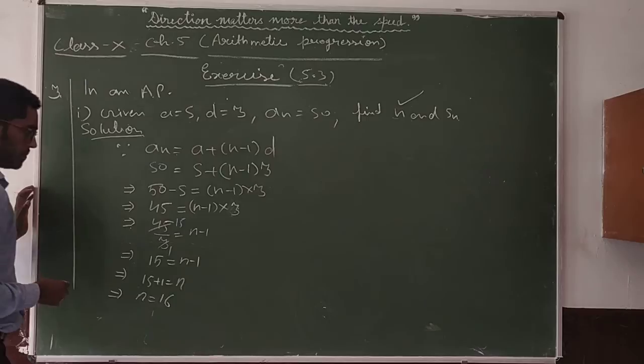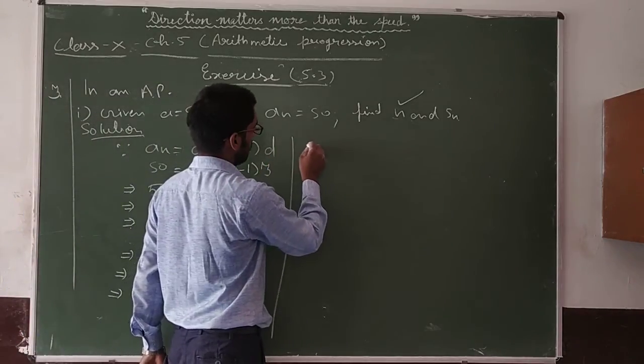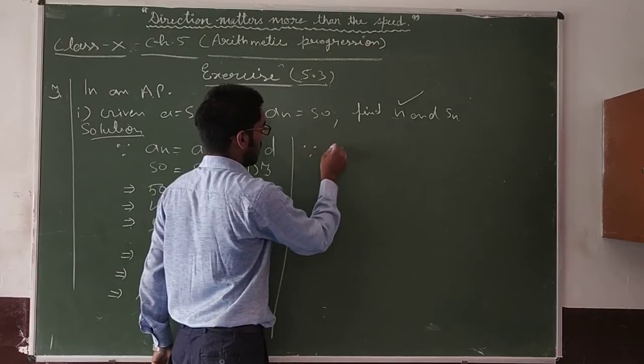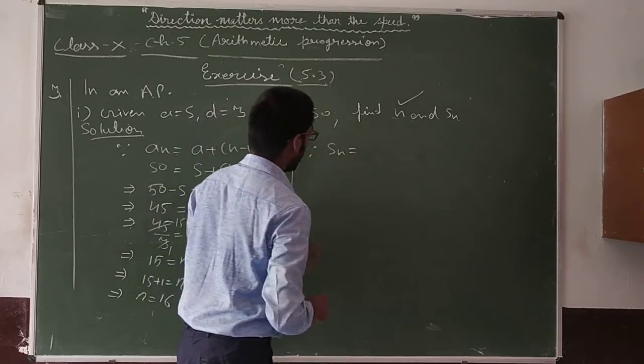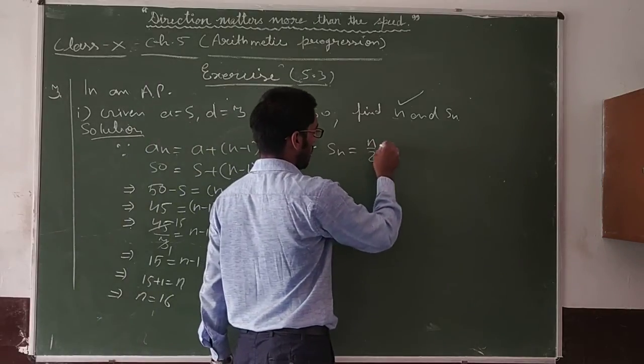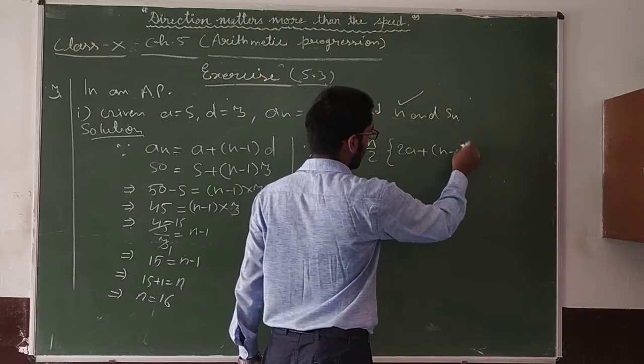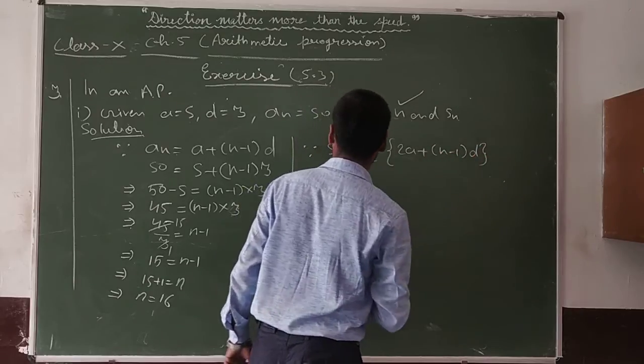Sn means the sum of the first n terms. So apply the formula. What is the formula? Sn is equal to n by 2 into (2a plus (n minus 1) into d).